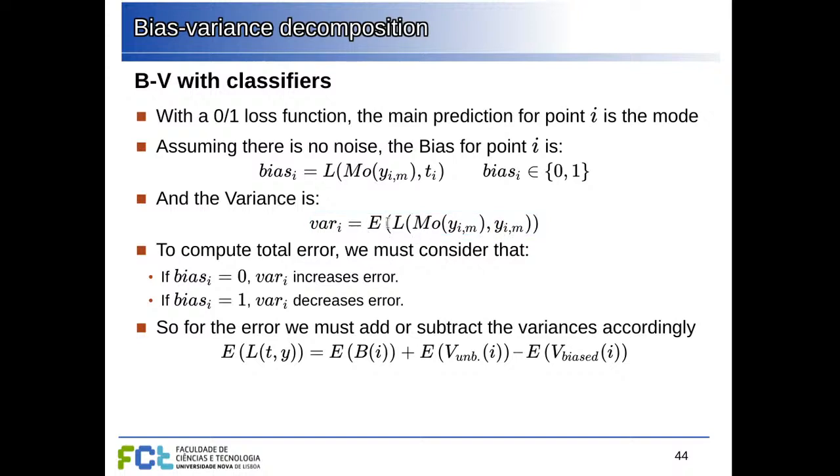So when we do this for all the classifiers, we see the mode of the predictions of all the classifiers and the prediction of each classifier. So what we're measuring here is the expected difference between the majority vote and the vote of each classifier.